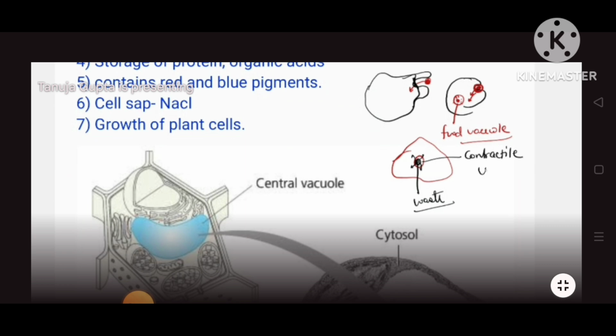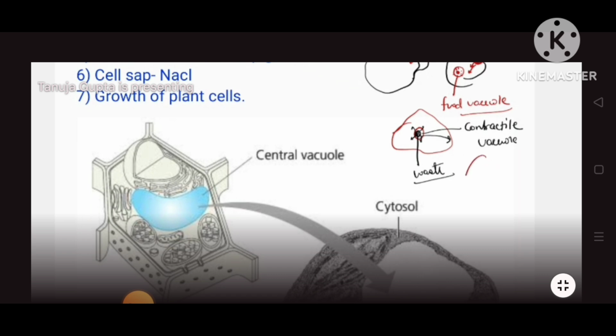This vacuole goes towards the plasma membrane and fuses with it like this, and all the waste which is present inside is released outside. So this is how the contractile vacuole helps.